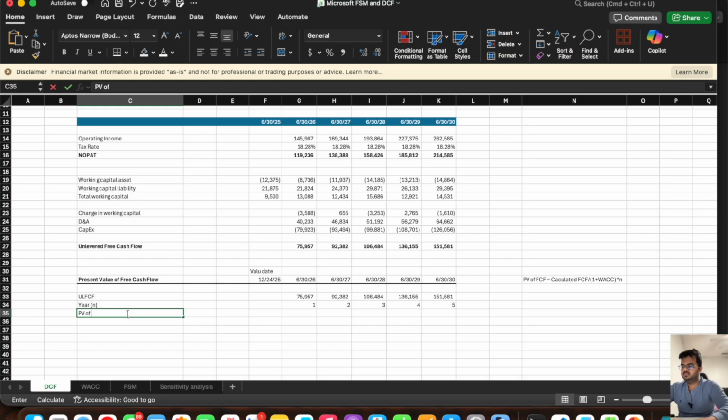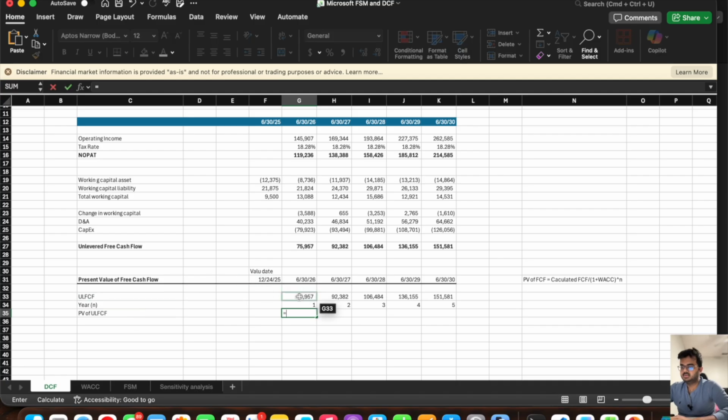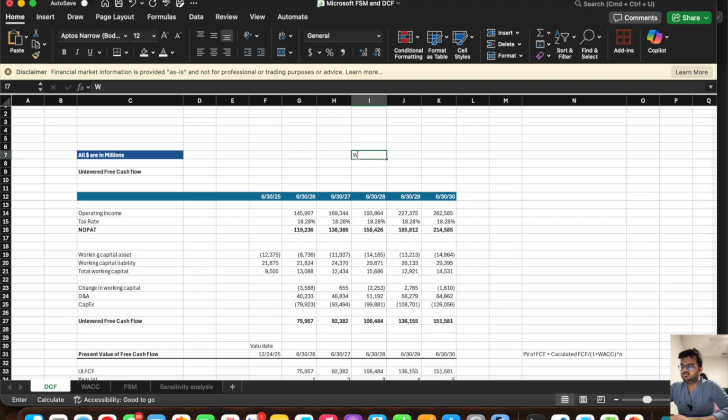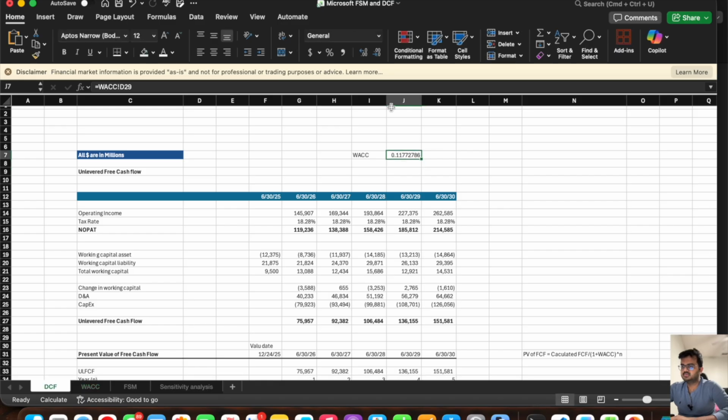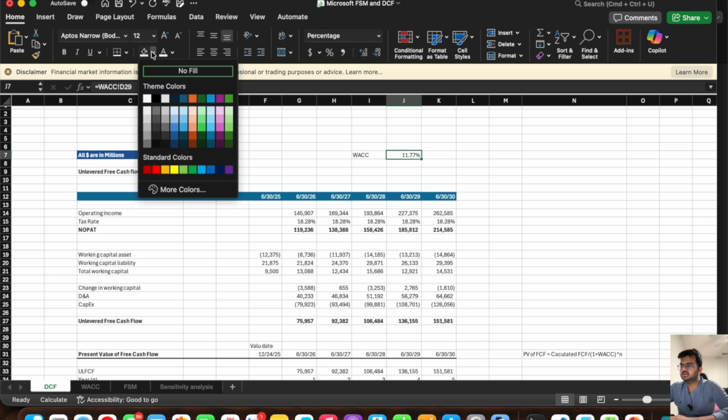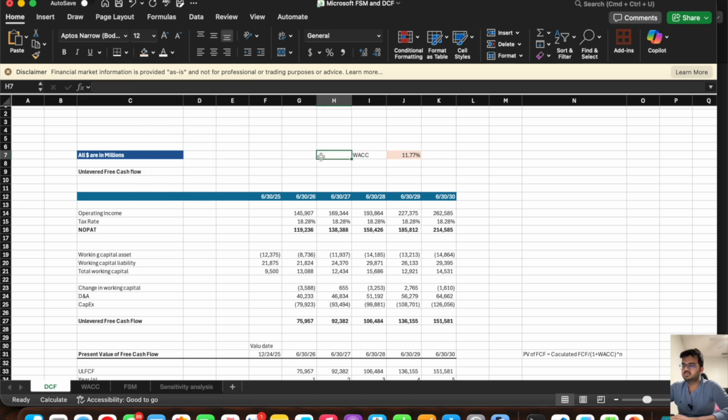Now I will do present value of unlevered free cash flow. Even before doing it, I'll just put the WACC here. So I'll just link it directly. WACC is this number, and this is a percentage. I'm just linking it here so that I don't have to switch between multiple tabs to get the number.